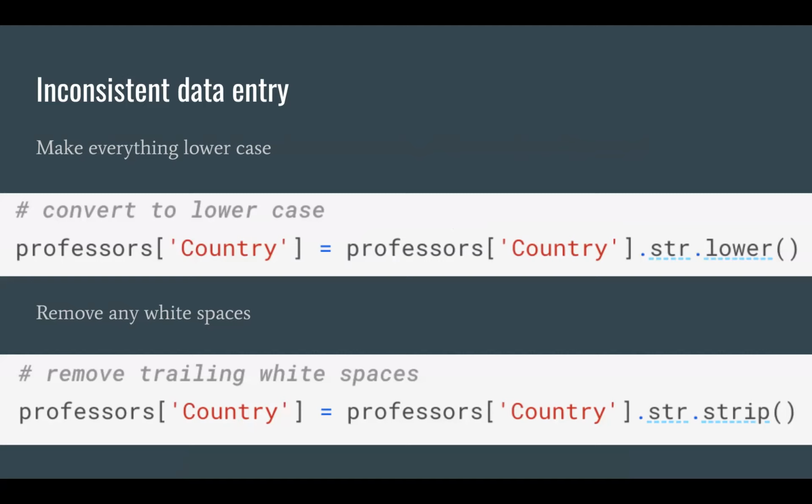Inconsistencies in capitalization and trailing white spaces are very common in text data, and you can fix a good 80% of your text data entry inconsistencies by doing this. You can change country to get the string value and make it lowercase, and call strip to remove any white spaces.